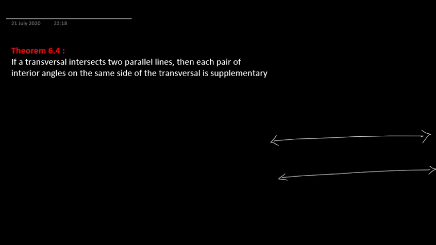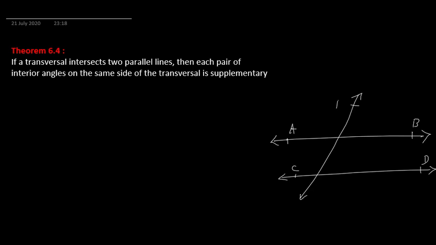So if a transversal intersects two parallel lines, now AB and CD, this is given, they are parallel. Interior angles on the same side of the transversal are supplementary. We have to prove that.